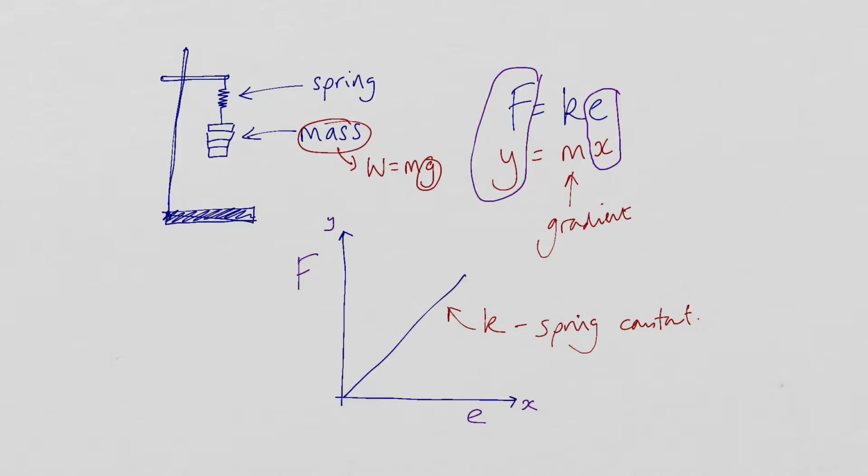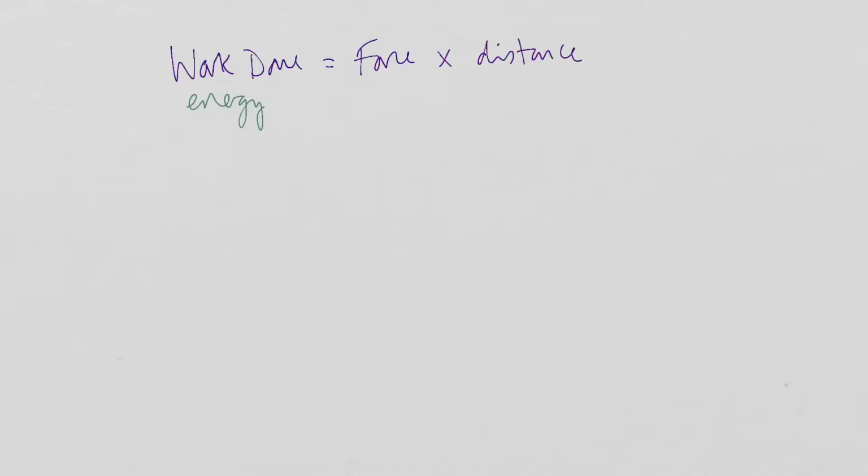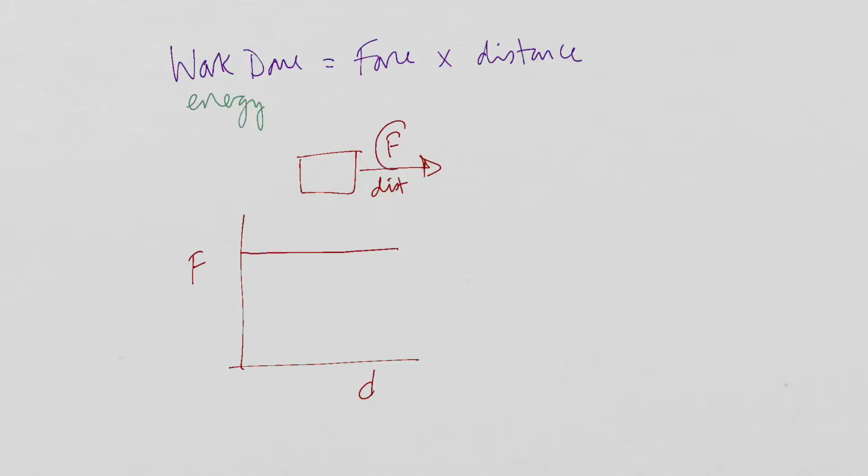So actually we are doing work. If you're pushing something, you're applying a force and it's going to move a distance. And the sort of graph that you'd get for that, a force distance graph, well, if you're applying a continual force, F, and that doesn't change, then of course the distance will get larger.